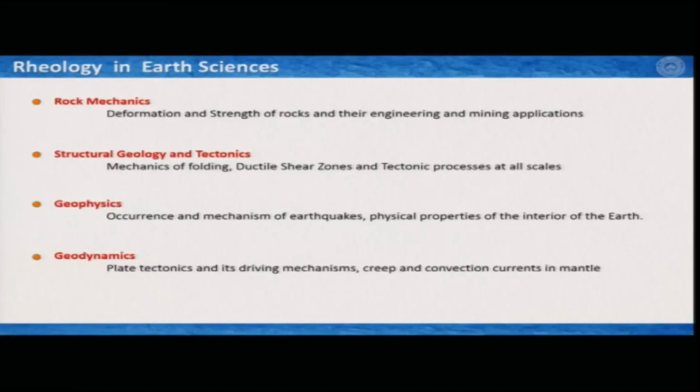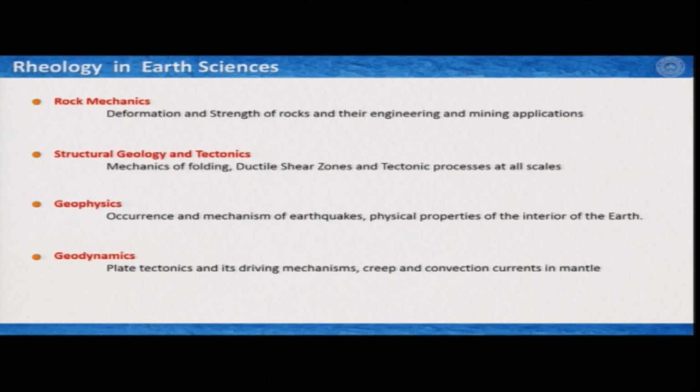So there are many branches of earth sciences where we apply rheology. I must say, as written in the previous slide, that the typical study of rock mechanics is not included under the broader umbrella of rheology, but sometimes it is included, particularly the strength of the rocks at elevated pressure and temperatures for engineering and mining applications.